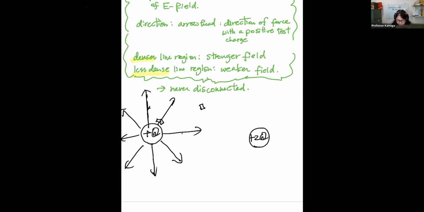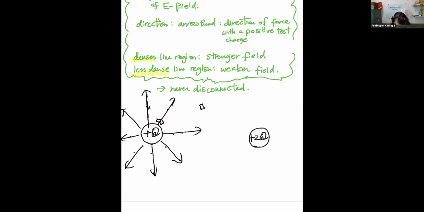Here we have a positive Q, and I drew 1, 2, 3, 4, 5, 6, 7, 8 field lines as the symbol for plus Q. For plus 2Q, the charge is doubled, and for the same test charge, it's going to be double the field lines.